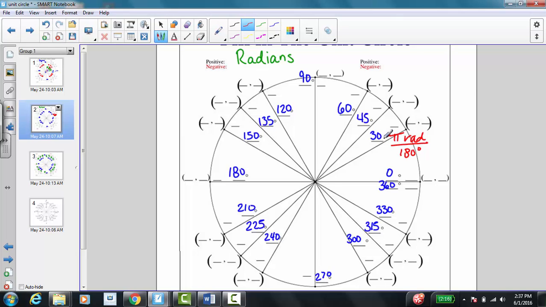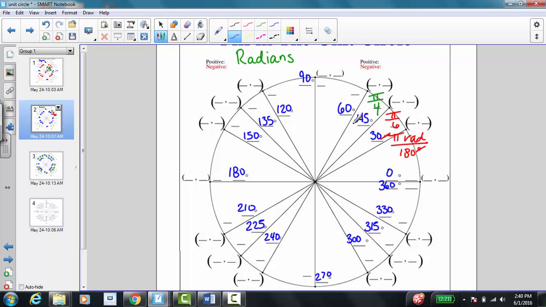So here my degrees would cancel, and I would have 30 divided by 180, which gets me pi over 6. For 45 degrees, again using the same conversion, I would have 45 divided by 180, which gets me pi over 4.